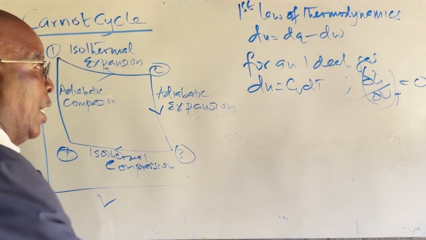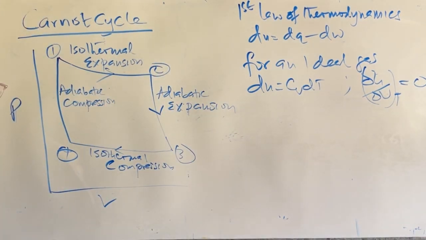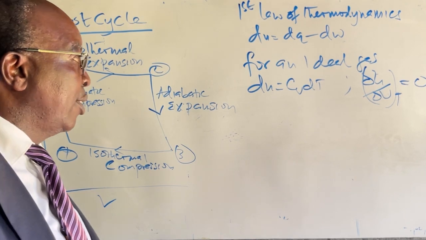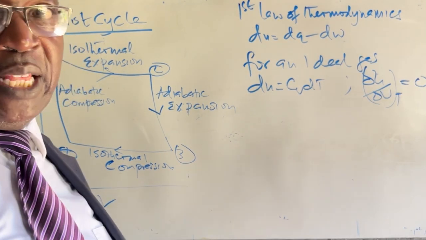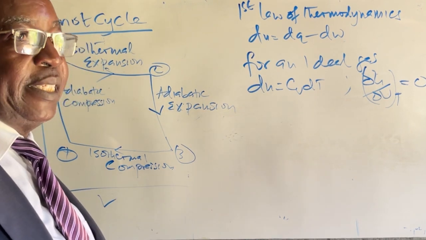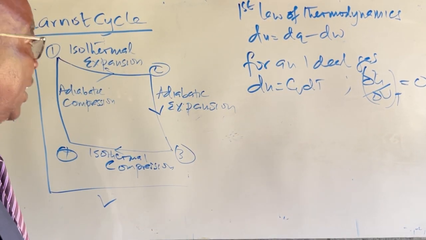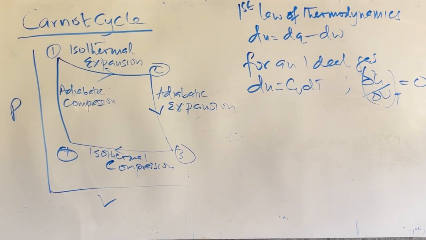One of the shortcomings of that experiment was that we used water whose heat capacity is relatively high, so even if heat was generated during the expansion from the filled to the evacuated flask, you could not detect it. So for ideal gases, dU equal to Cv dT is pretty accurate.